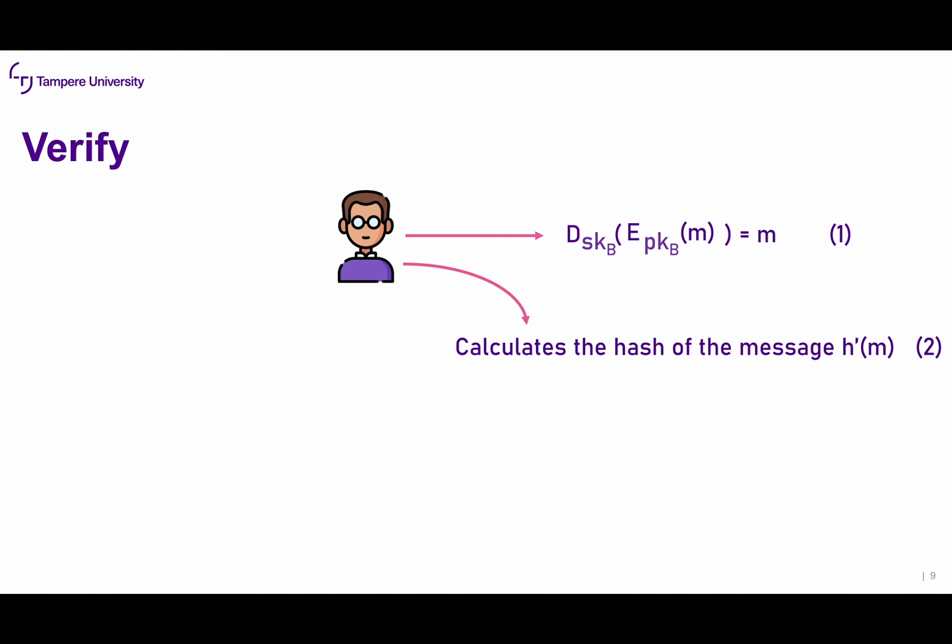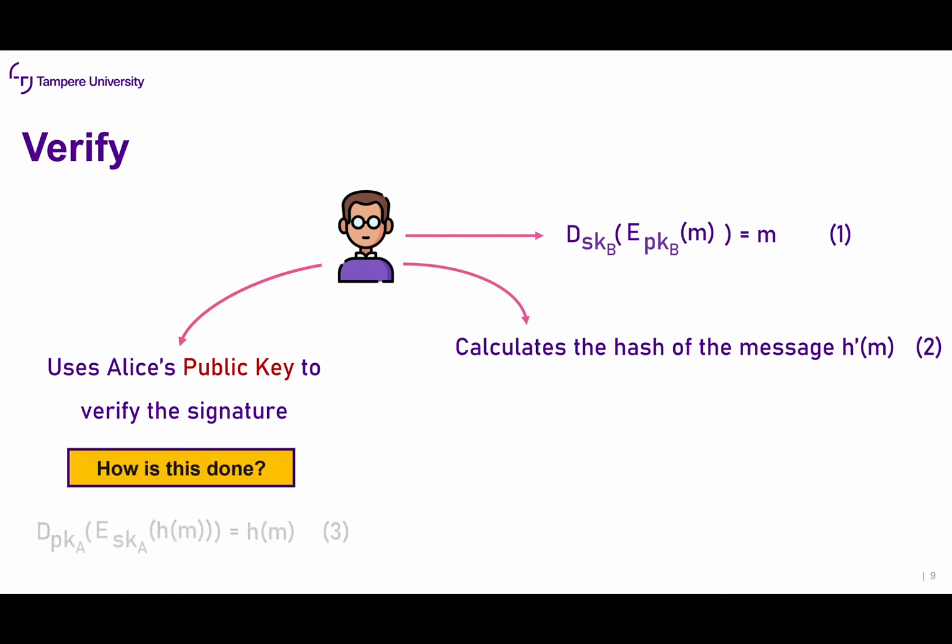Then he uses Alice's public key to verify the signature. He uses Alice's public key to decrypt the signature that he received earlier. This allows him to recover the hash of M that was encrypted with Alice's secret key in the previous slide.